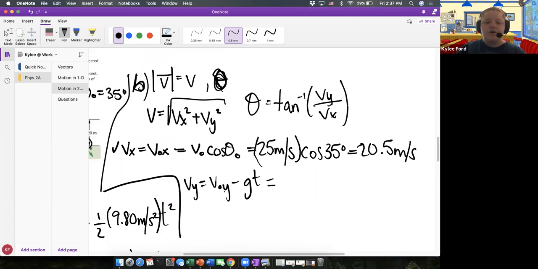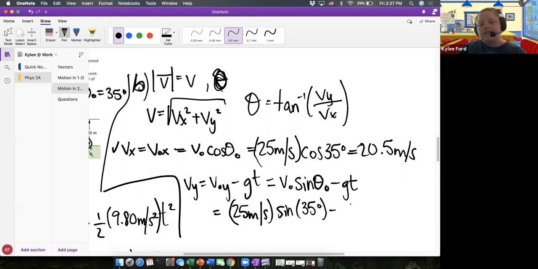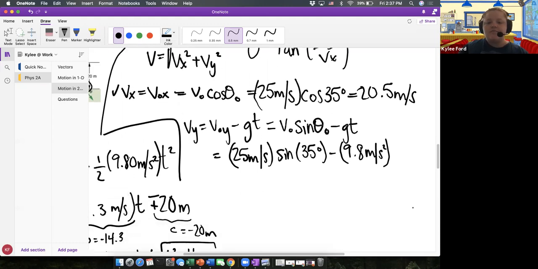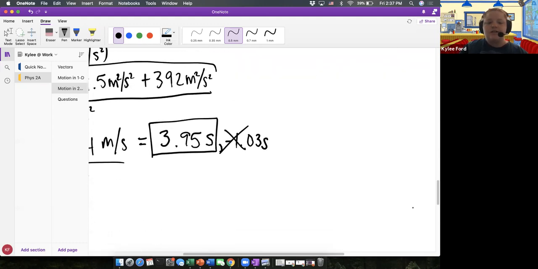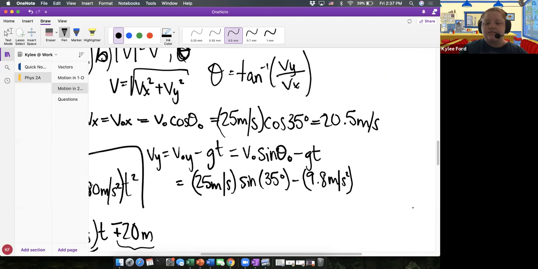Our V naught Y again is going to be our V naught times sine of theta naught, minus GT. Our V naught is 25 meters per second times sine of 35 degrees. Our G is 9.8 meters per second squared, and our time we just solved for is 3.95 seconds.